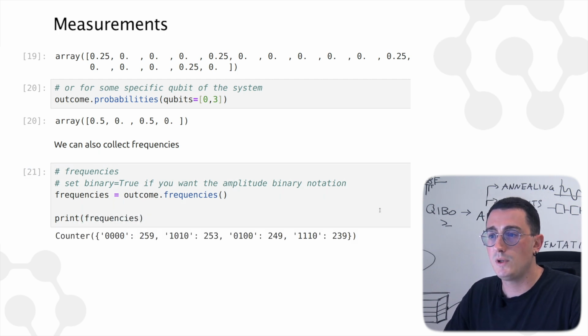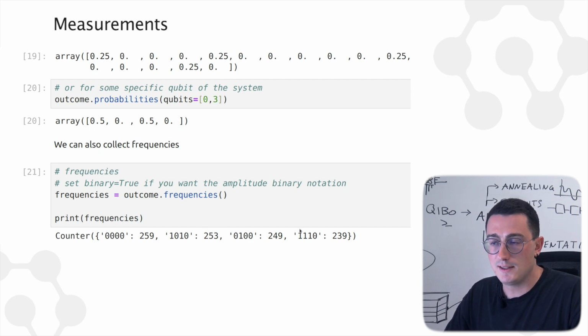As you can see, we get a counter object, which is a dictionary, in which we are collecting each bit string here, and associated to each bit string, we also have the number of times we expect that specific state after the execution of the circuit. The sum of these numbers will be 1000.